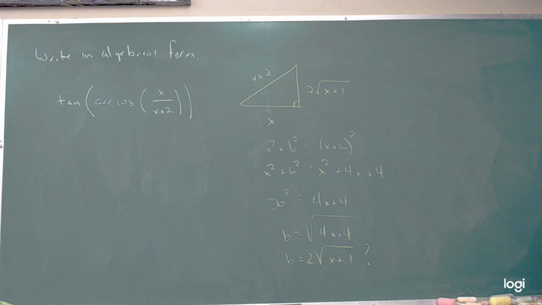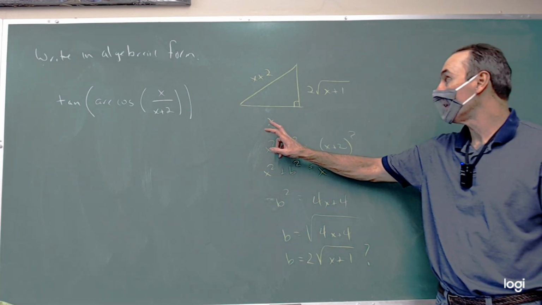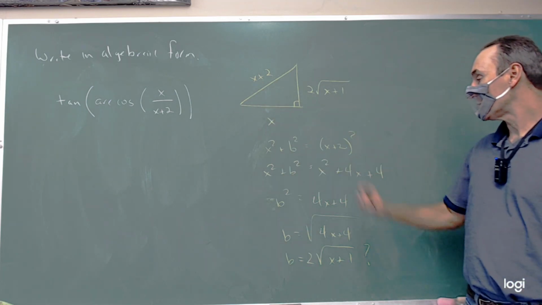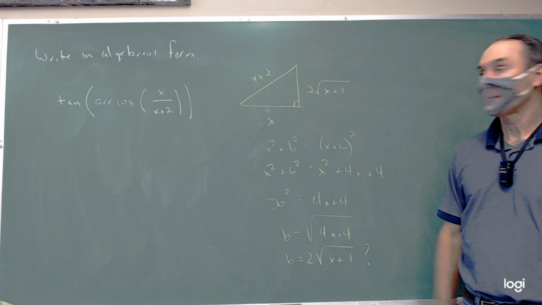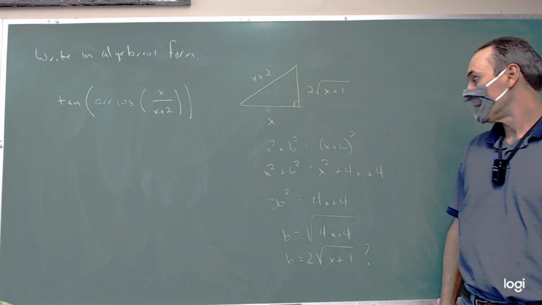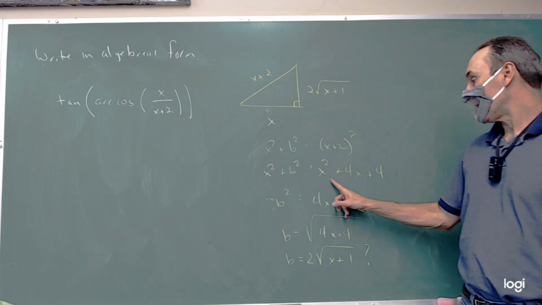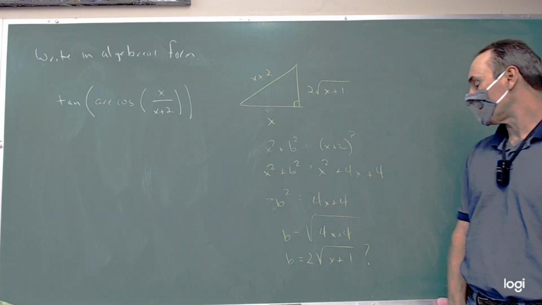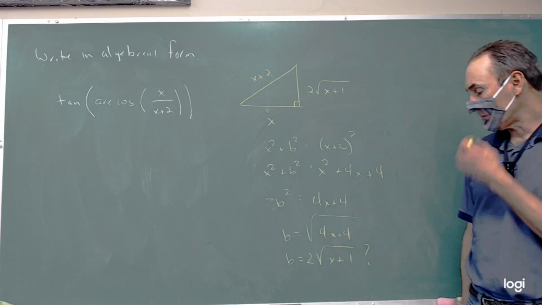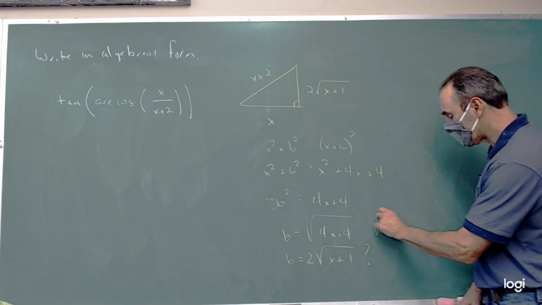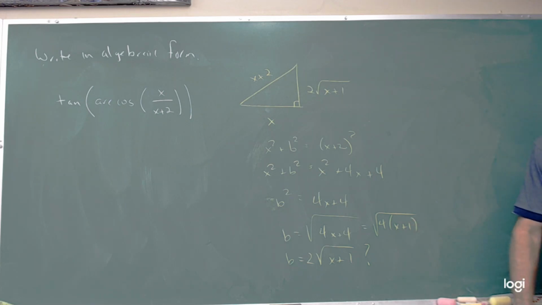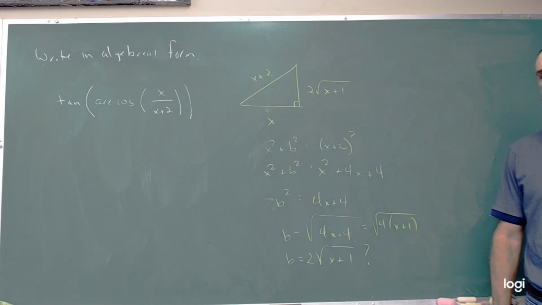Let's see what we can do. So here's our triangle. We knew that the cosine was x over x plus 2. So a little Pythagorean theorem to figure out what this opposite side is. If we square that out, we get x squared plus 4x plus 4. If we subtract the x squared, we just get 4x plus 4. Square root, who could pass up the opportunity to recognize that as 4 times the square root of x plus 1.